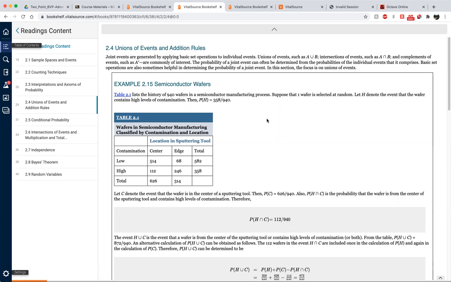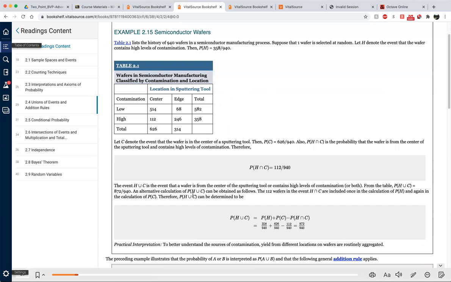And what's the event? H denotes the event that the wafer contains a high level of contamination. How many wafers are contaminated with a high level? 358, right? So that's why P of H is that fraction.